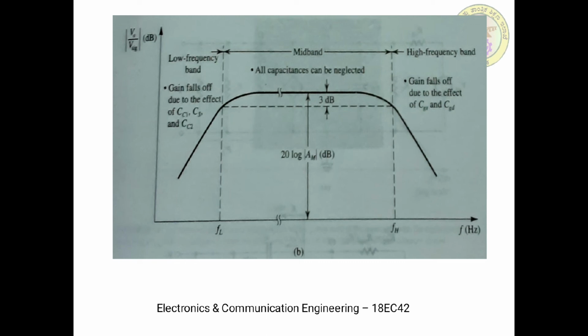So because of CC1, CC2, CS and CGS and CGD, the gain is found to fall in the low frequency band and high frequency band respectively. Therefore only the mid band is the available useful frequency band for the amplifier, where we can expect constant gain for the applied input.